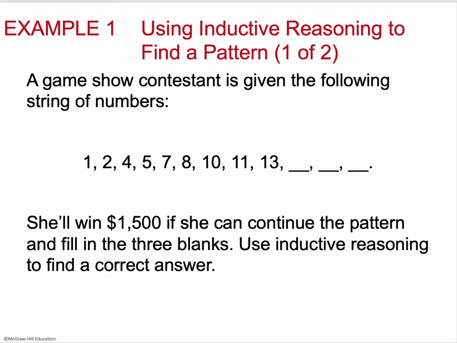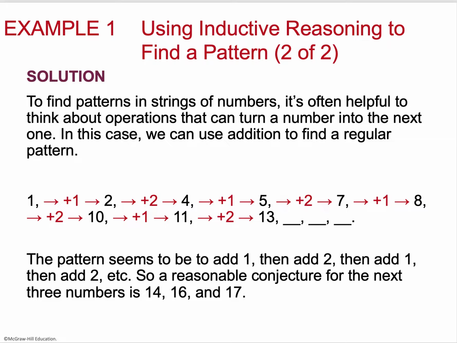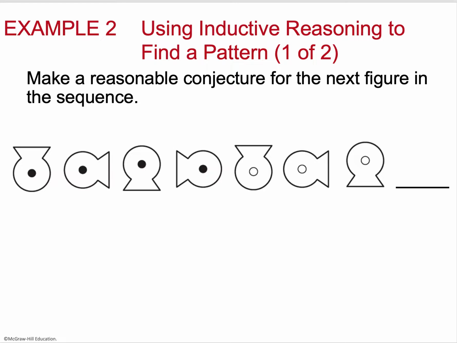It looks like I'm adding 1, then 2, then 1, 1, 2, so it's this alternating pattern. Because you observed a pattern, it's reasonable to say 14, 16, and 17 would be the next three numbers. So we are first-person seeing a pattern here.